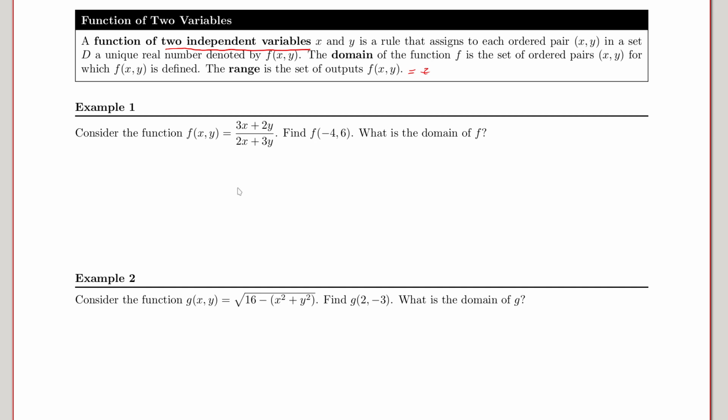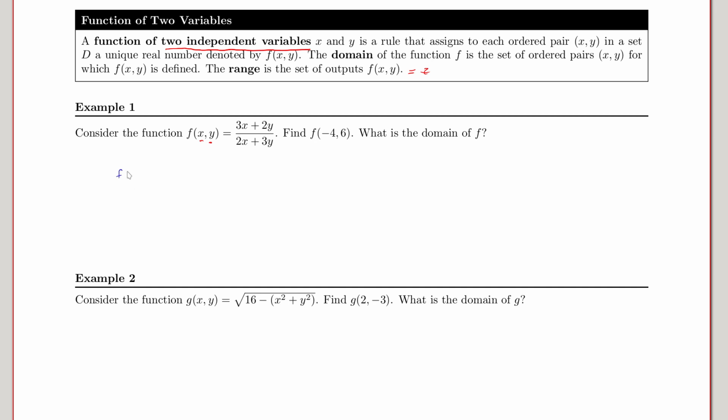Just want to go through a couple here where we plug points into a multivariable function just to get used to it. The only thing you have to be careful of is that you do have two values x, y, and these are ordered pairs, so you have to make sure you plug things in the right place. Beyond that, it's pretty much what you think you would do.